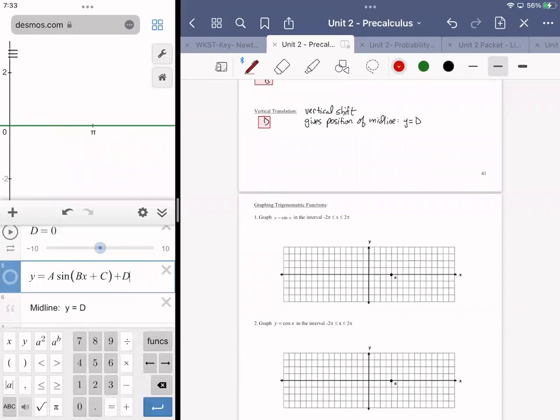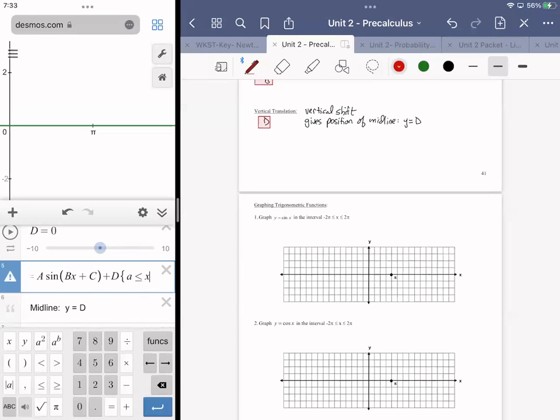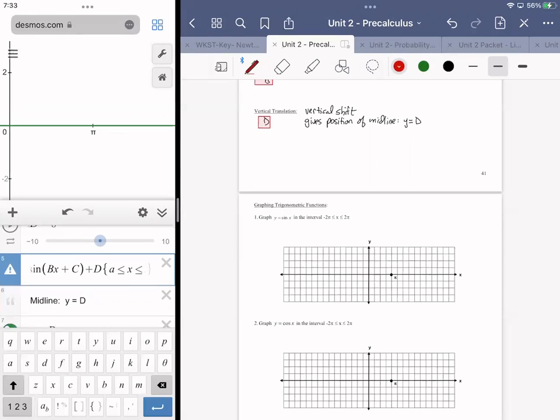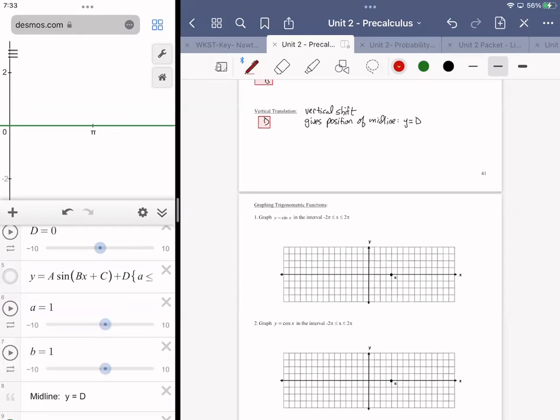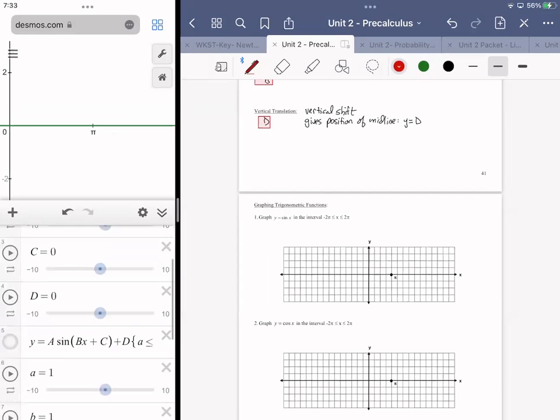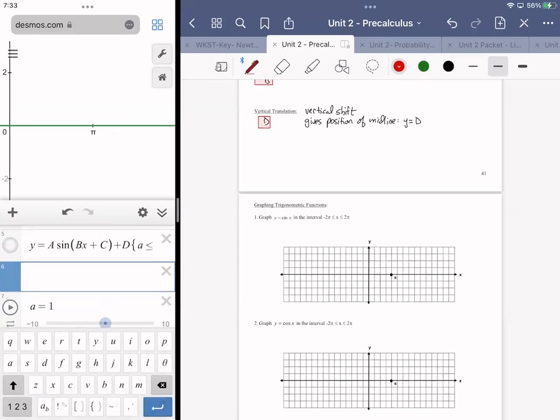And then, if you remember the piecewise functions, maybe you try not to, I'm going to put in a domain here that's going from a to b, lowercase though, and get some sliders for that, all right? So sliders all over the place. A slider for the equation, and then a slider for the domain. And I'll even make a little note here that this is for a domain.